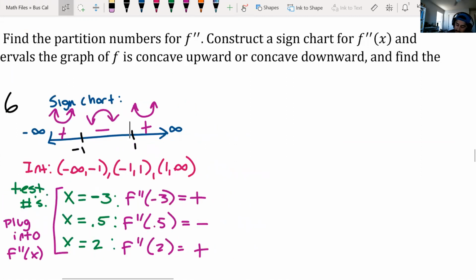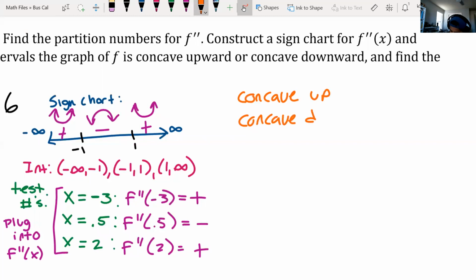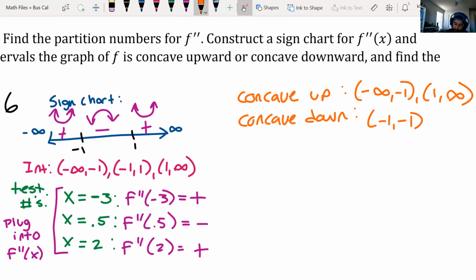Which brings us to the answer, intervals of concavity: concave up on negative infinity to -1 and 1 to infinity, concave down from -1 to 1.